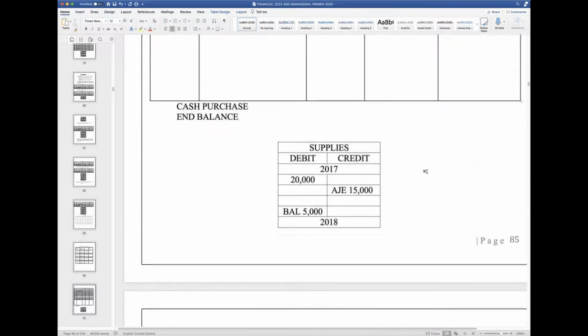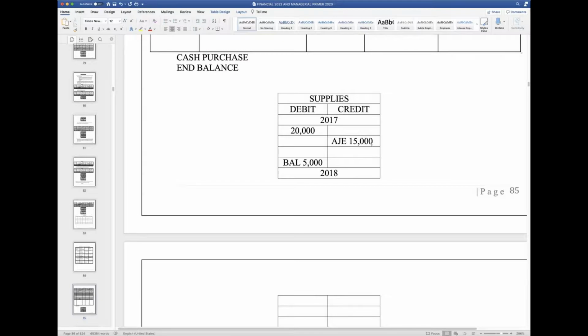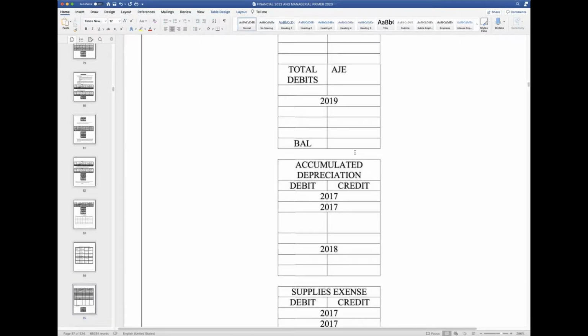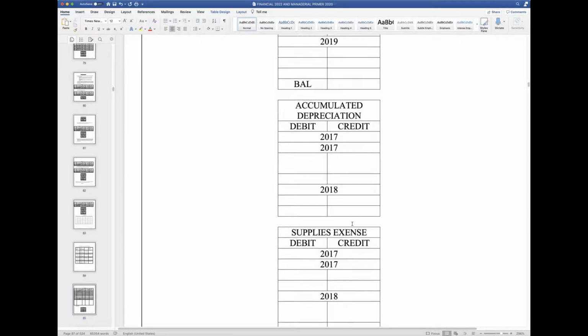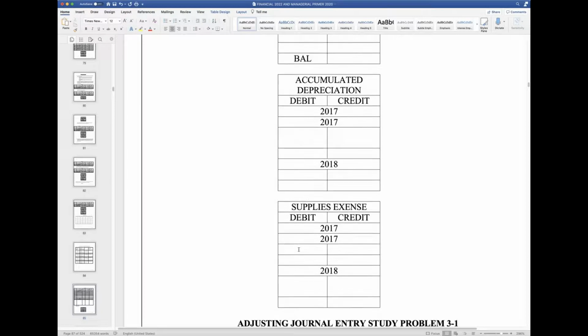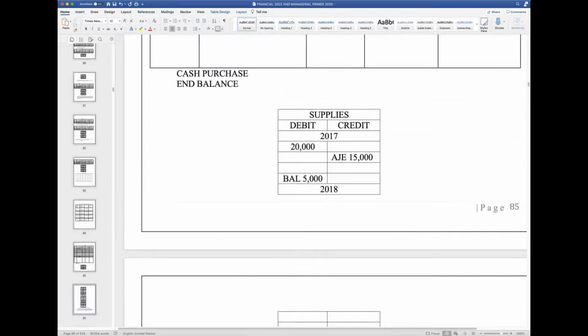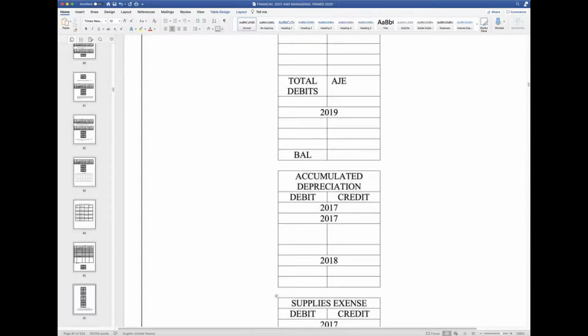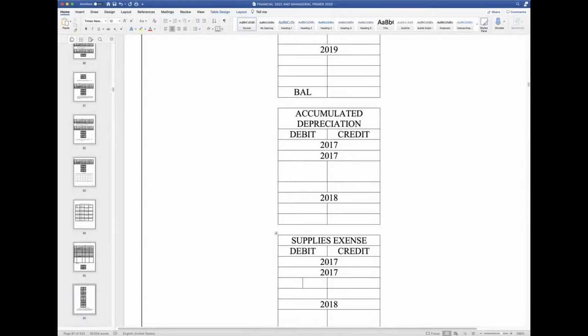And when we post that entry, we got it in supplies. Then we're going to go to our supplies expense and put it in here as $15,000 for 2017. That's all it is. There is no more to it.